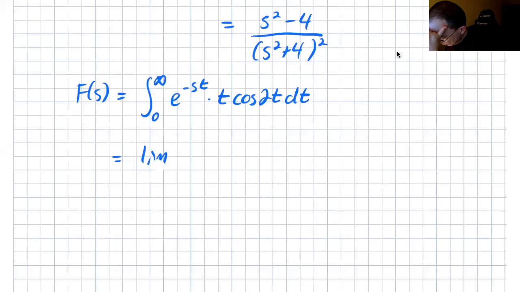Maybe I can leave the limit stuff off for now. So let's do integration by parts. So the integration by parts is to remove this t. So remember what the rule for integration by parts is again. It's fg minus integral of f prime g.